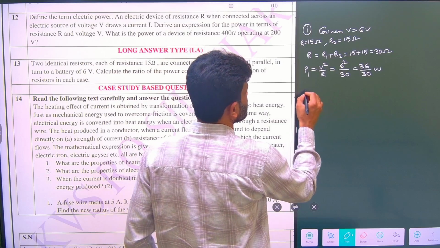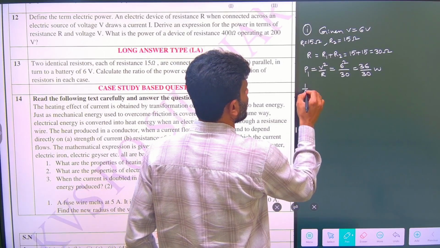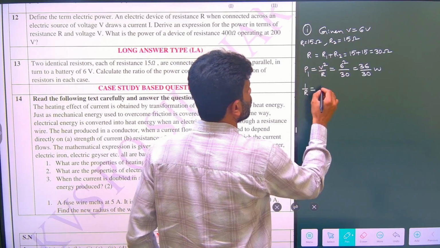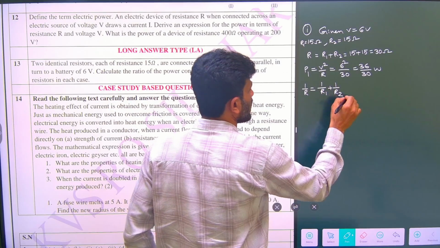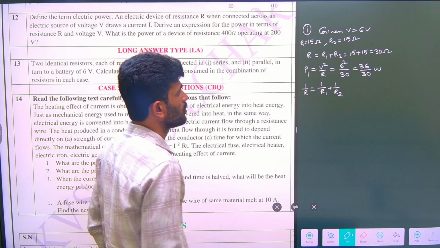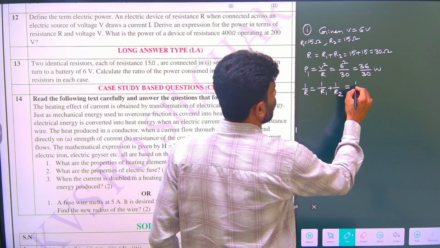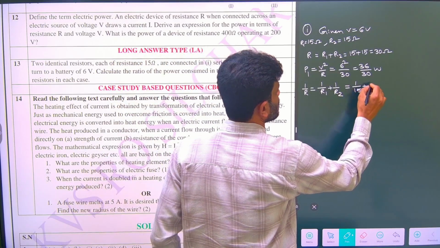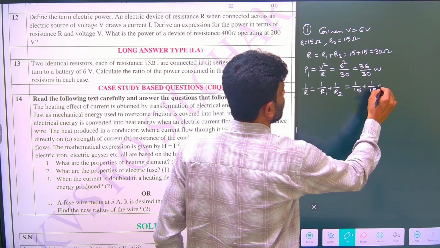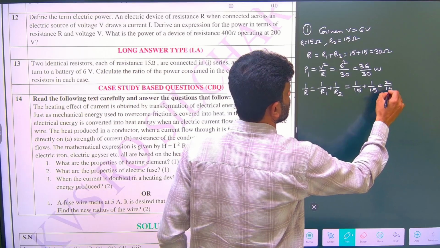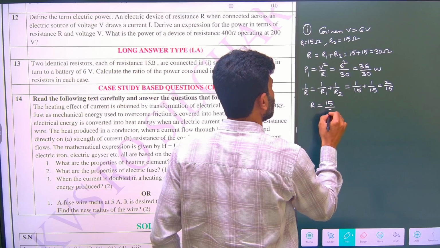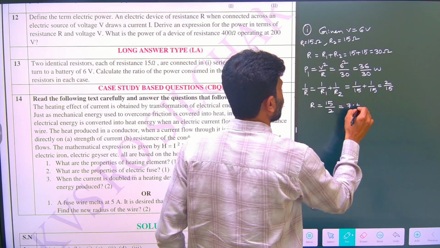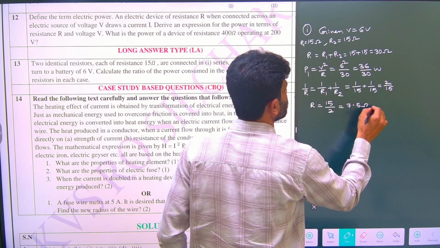Power P2 in the second case. Again, effective resistance we have to find. 1 by R is equal to 1 by R1 plus 1 by R2. Why? Because they are connected in parallel. So what we get here? 1 by 15 plus 1 by 15, which is 2 by 15. So R is equal to 15 by 2, that is 7.5 ohms.